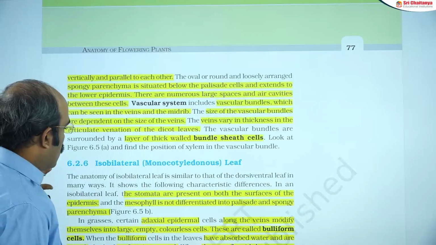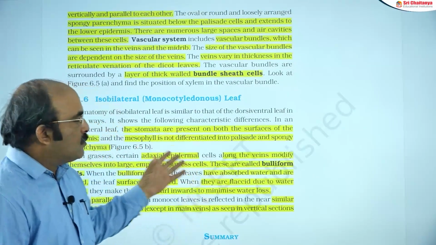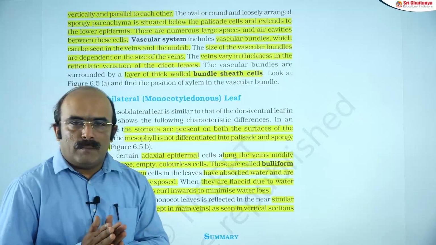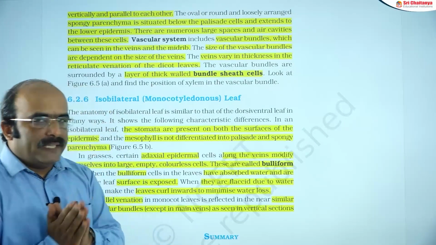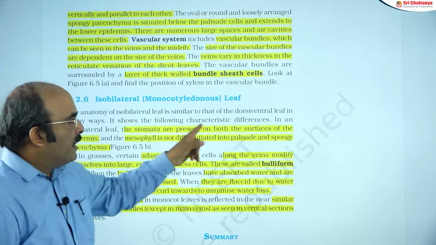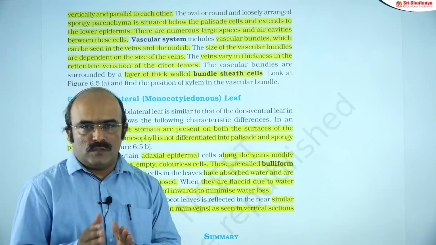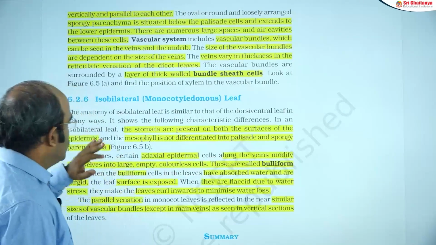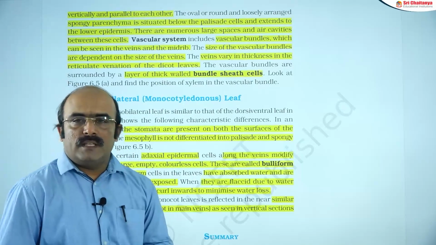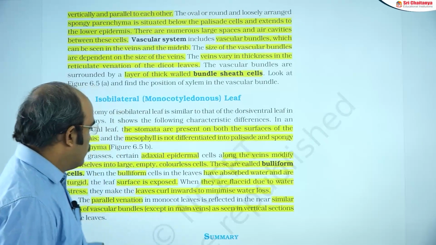Now coming to the monocot leaf, as we have discussed, this monocot leaf doesn't have a well-developed mesophyll, which is the primary point of difference. It will be either palisade or spongy. And another point of difference when compared to the dicot leaf is the distribution of stomata. Stomata are present on both surfaces of the epidermis, and there is no irregular distribution.